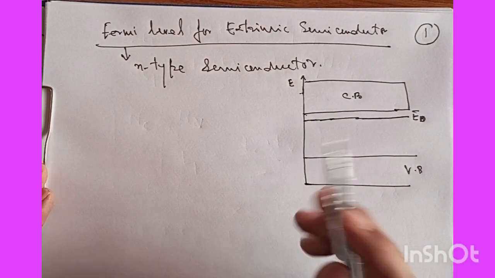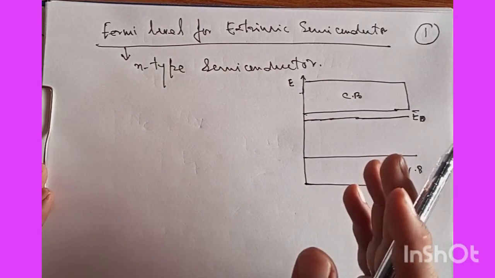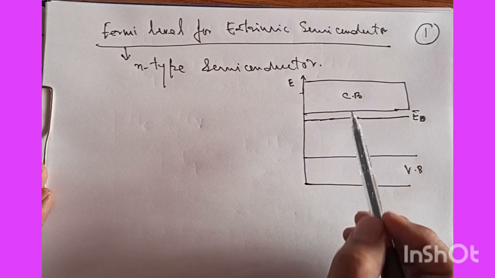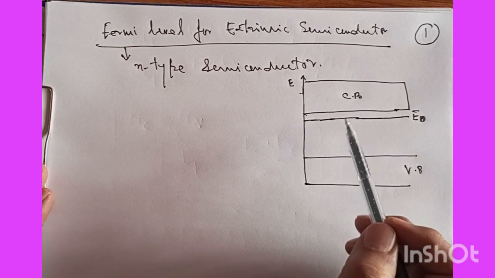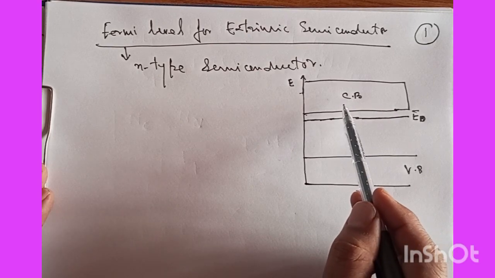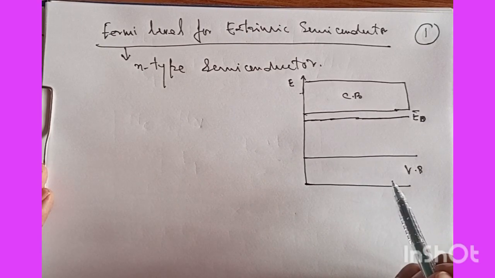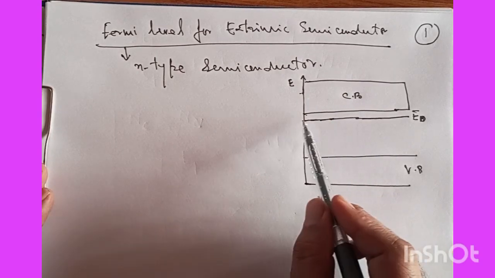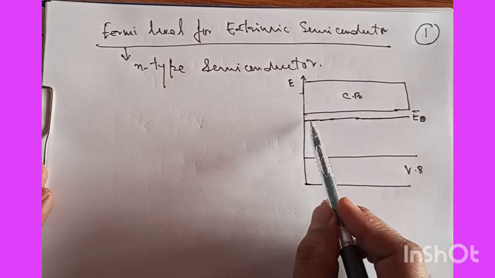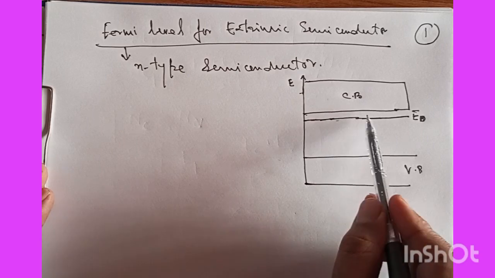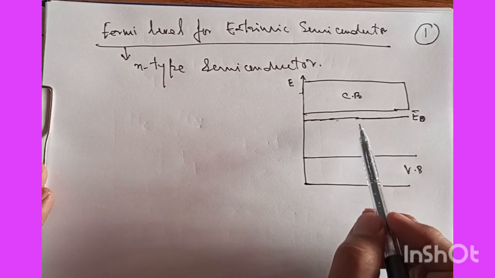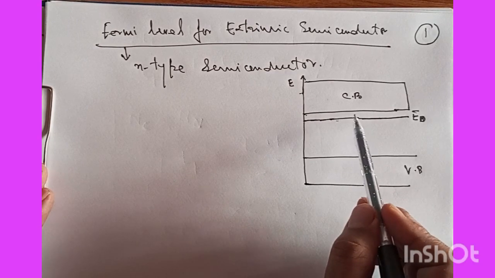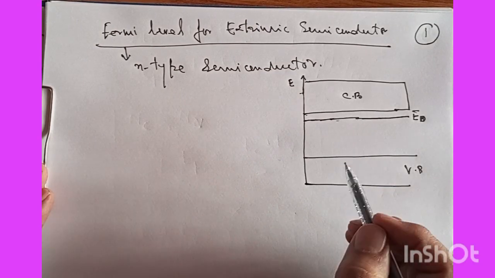Now, the probability of occupancy of energy levels by the electrons towards the conduction band is certainly more than in the valence band, and it can be understood by the closeness of these electrons to the conduction band. So the probability of these electrons to be in the conduction band is large.